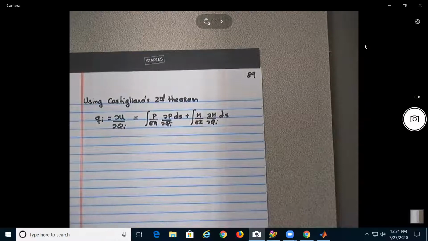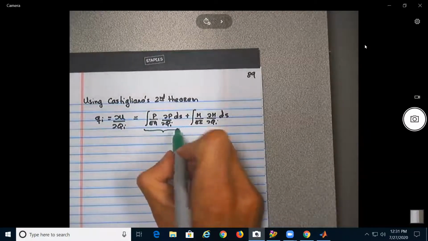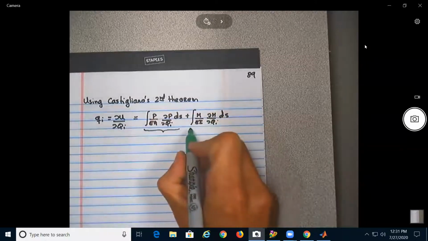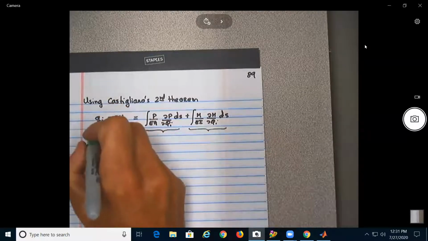So again, this term will be deformation. So this is the total deformation, okay?